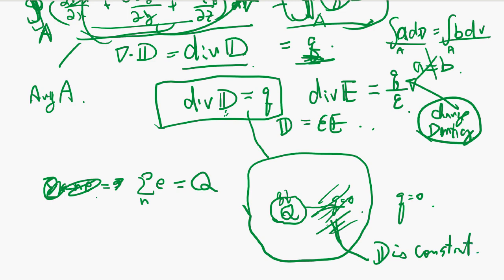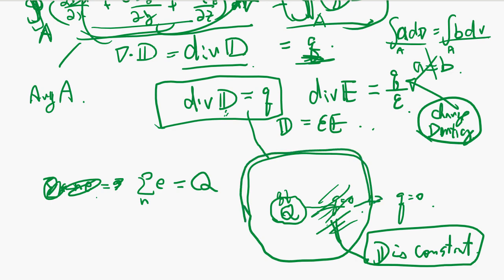If there's no Q, D doesn't change, and this constant D you can integrate around. Then you can get the same quantity Q out by this.